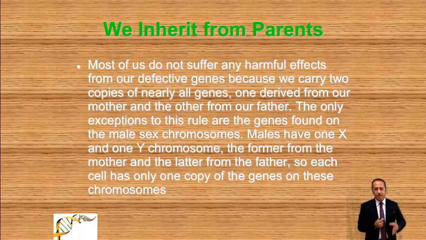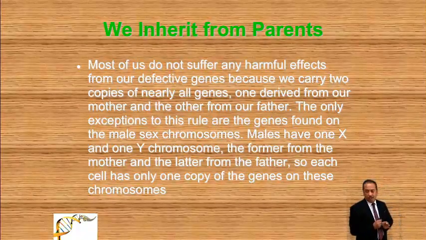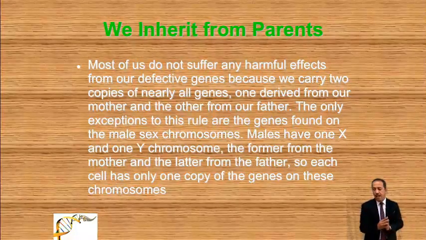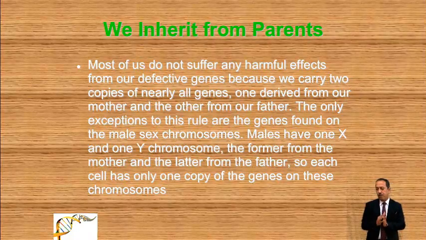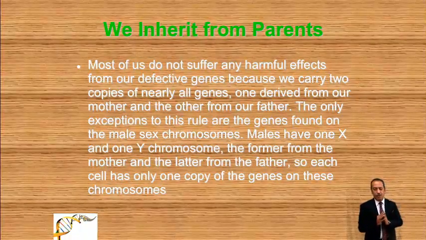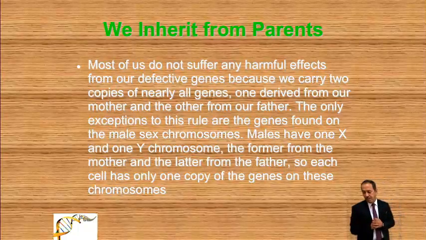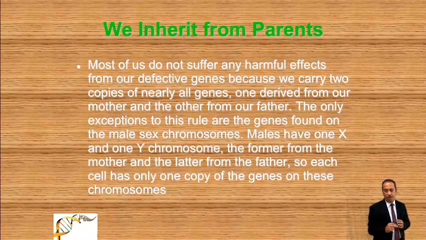The only exceptions to this rule are the genes found on the male X or sex chromosomes. Males have 1 X and 1 Y chromosome, the former from the mother and the latter from the father. So each cell has only 1 copy of the genes on these chromosomes.